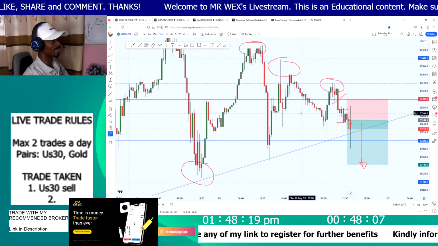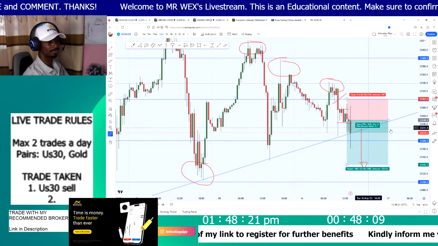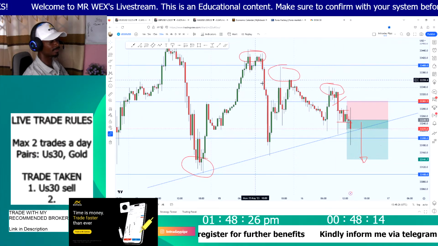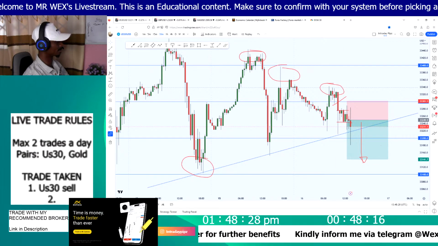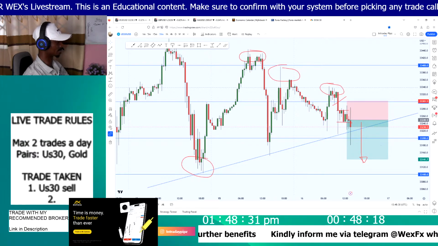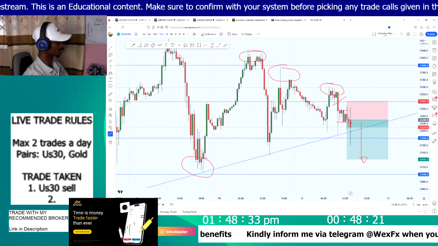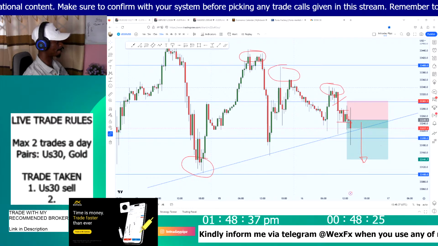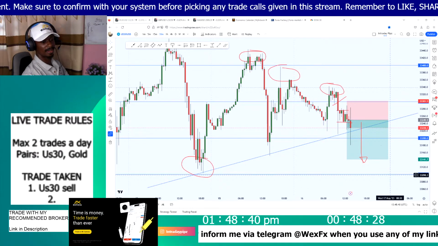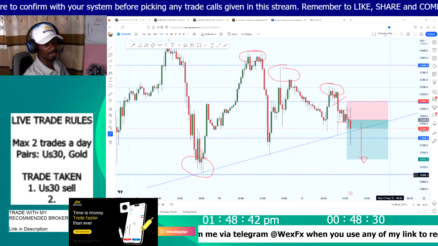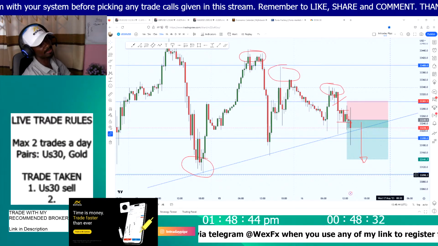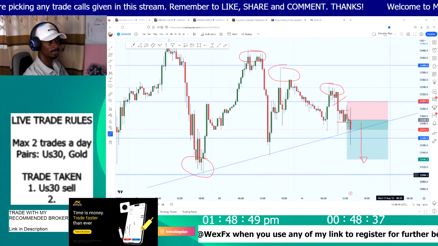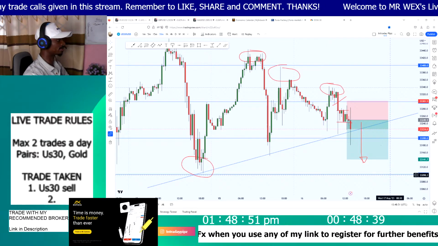This is what we call madness in Wonderland. Oh, so it wanted to take us out at break even and now it's coming back bearish. Yeah, we are not shaken.